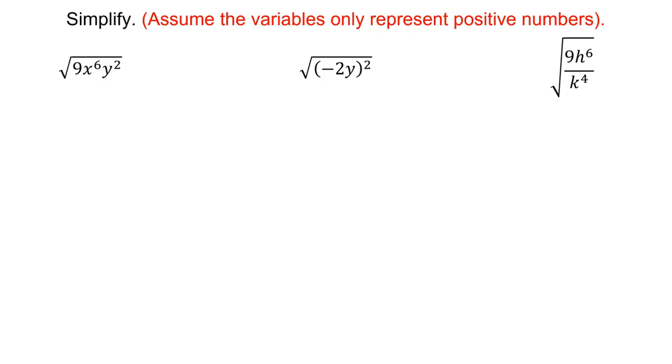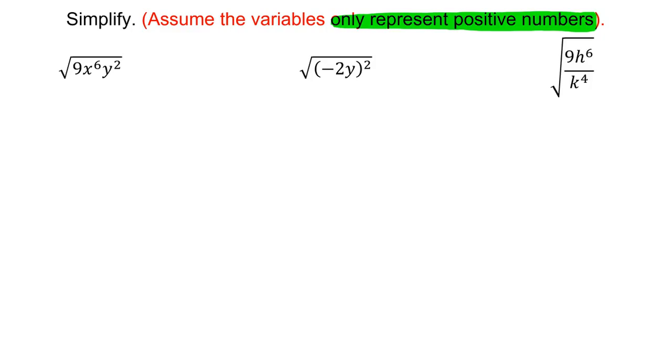Here again, we're asked to simplify these radical expressions, but let's read our instructions this time. This time, our instructions say to assume the variables only represent positive numbers. Well, this is good news for us, because if our variables can only represent positive numbers, whenever we find the principal square root of each of our expressions below, the variables are guaranteed to be positive expressions.